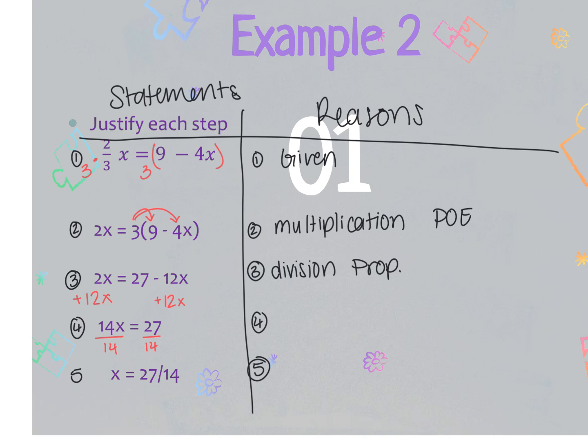How am I getting from 3 to 4? Addition property, good. How am I getting from 4 to 5? Good. Division. I put division property for 3, didn't I? It should be distribution.